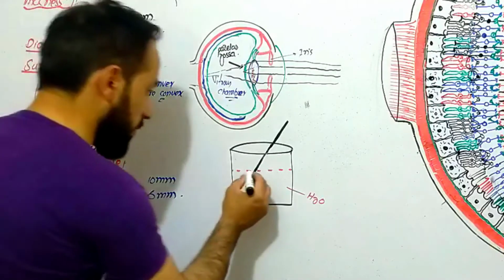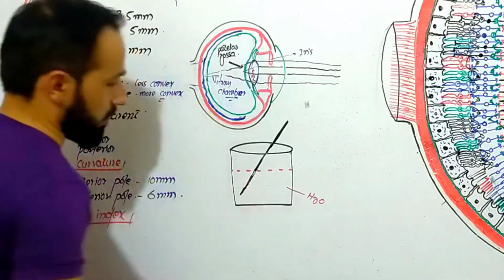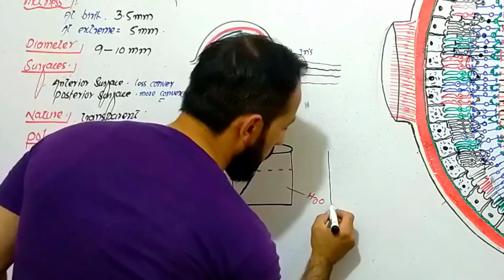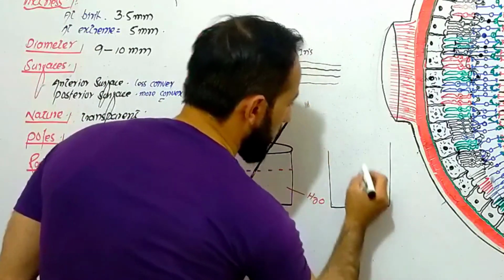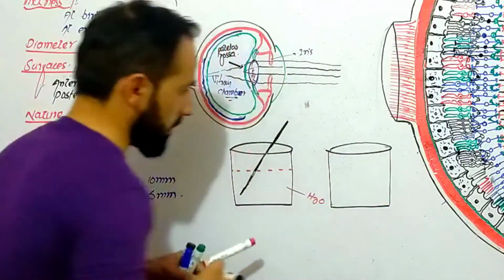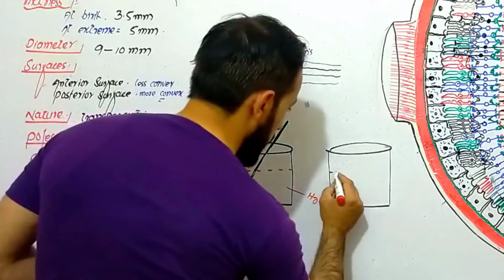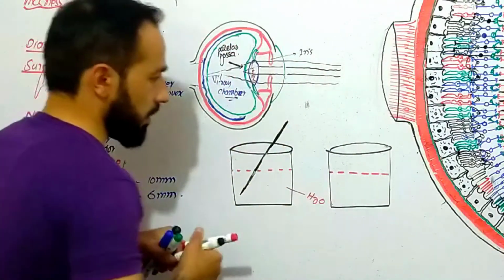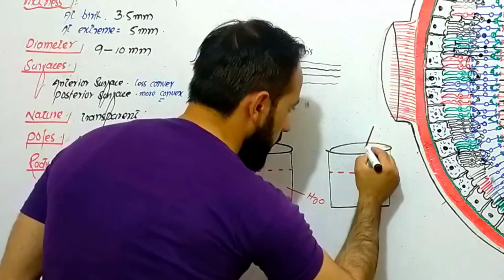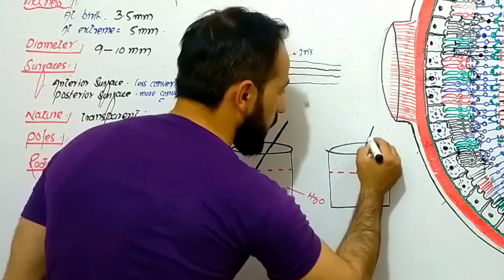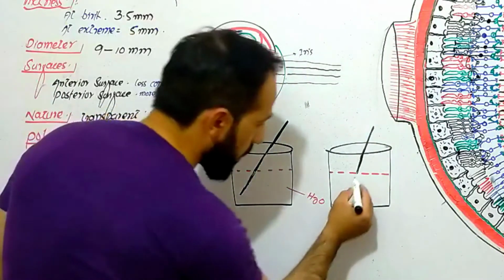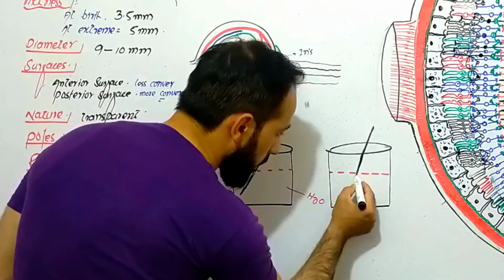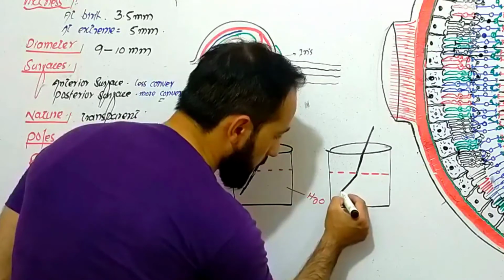But in the case of water, it does not happen. Why? Because in the same glass of water, if you dip your pencil, the image will be shown straight up to here. But when it touches the water, the pencil will go in another direction, like this.